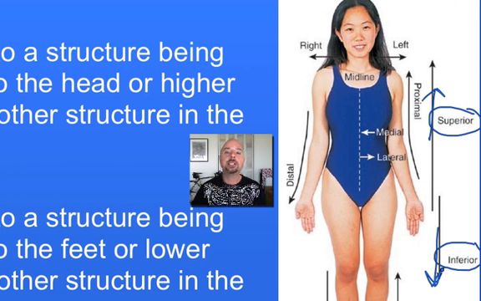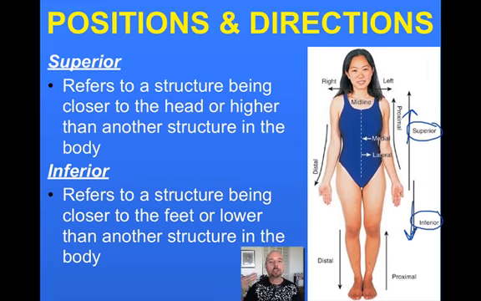A really great example is eyes versus mouth. My eyes are superior to my mouth, meaning that my eyes are closer to my head than my mouth is. Conversely, my mouth is inferior to my eyes, simply meaning that my mouth is closer to my feet than my eyes are. That's all it means, whether something is closer to the head or closer to the feet.